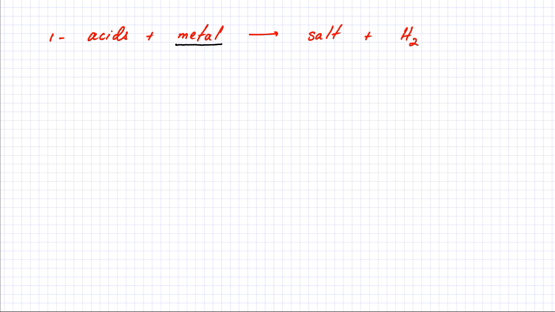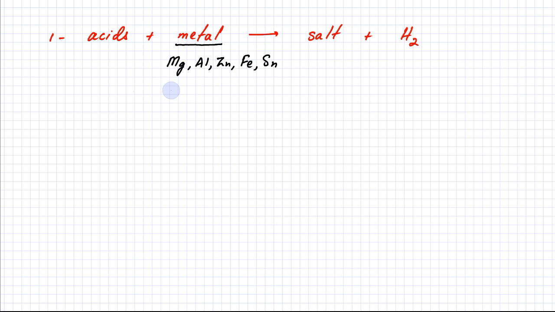The metals that, according to the reactivity series, have normal reactions are magnesium, aluminium, zinc, iron, and tin.